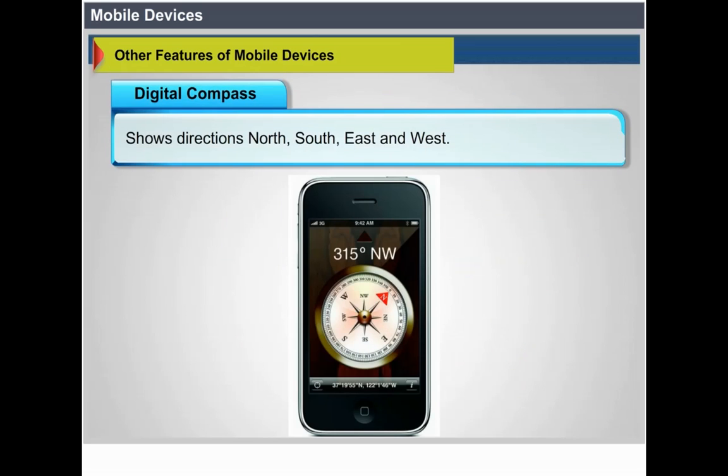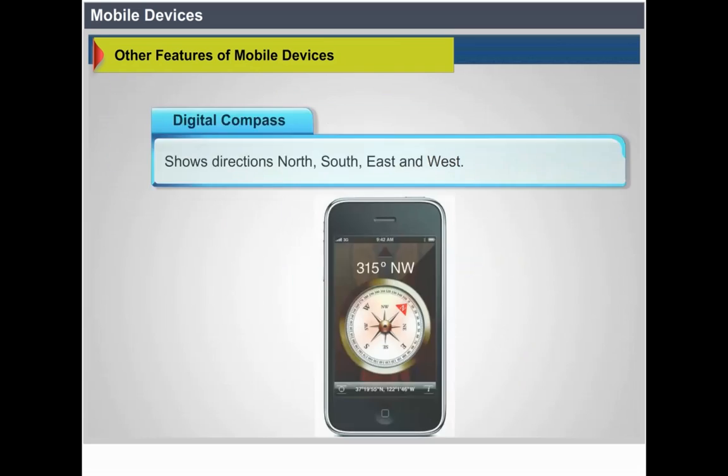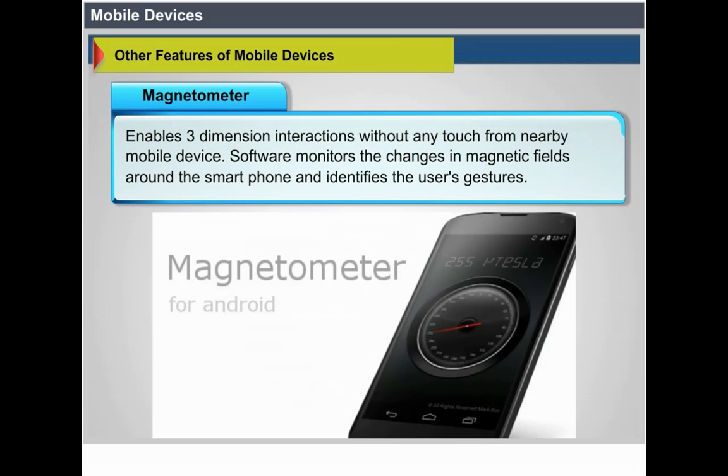Digital compass. Shows directions north, south, east and west. Magnetometer. Enables three-dimension interactions without touch from a nearby mobile device. Software monitors the changes in magnetic fields around the smartphone and identifies the user's gestures.